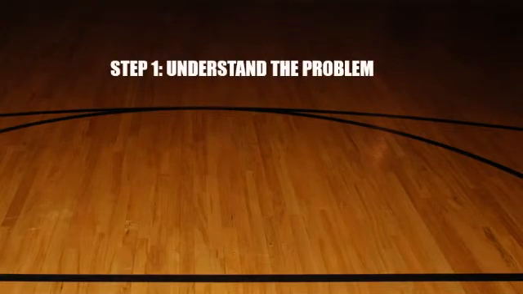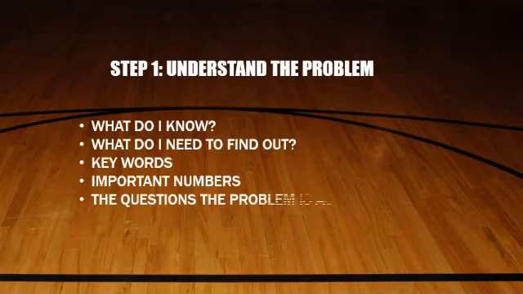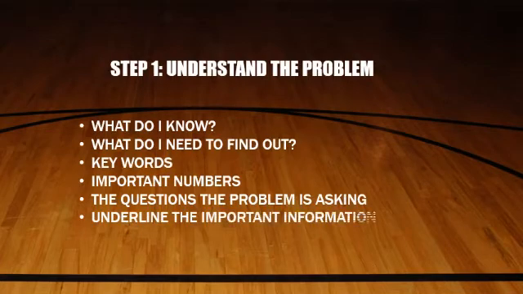Understand the problem. When you read a word problem, it's important that you have to understand it before you are trying to solve it. You should fully understand each step of the problem. Read carefully once, then read it again.